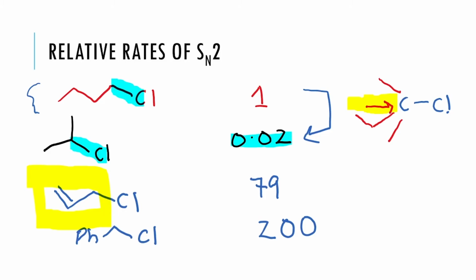So that's very interesting. Even when I move from allyl chloride to benzyl chloride, the rate goes up even further, from 79 to 200. Now in order to understand this, we invoke the concept of orbital interaction.